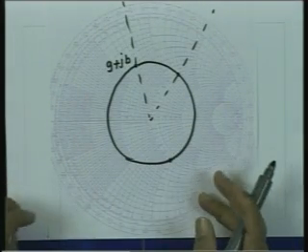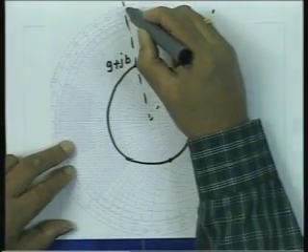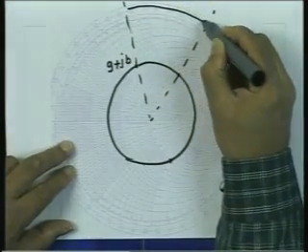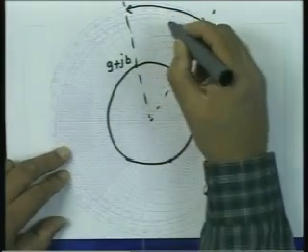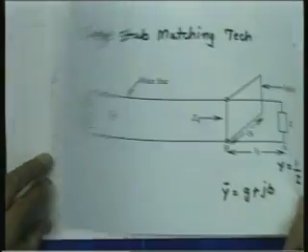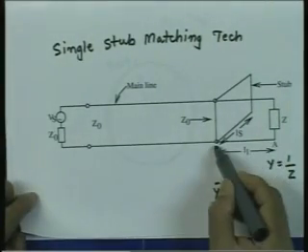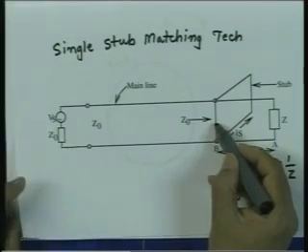Any of the solutions are acceptable. Let us say I take a solution that I move by this distance on the Smith chart. Then this length is nothing but L1 in this figure. So, I have moved by a distance L1, so that here now the conductive part becomes equal to 1.